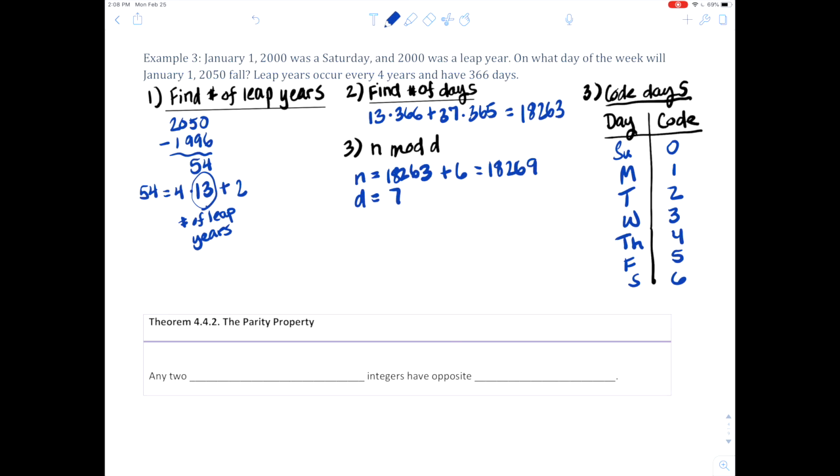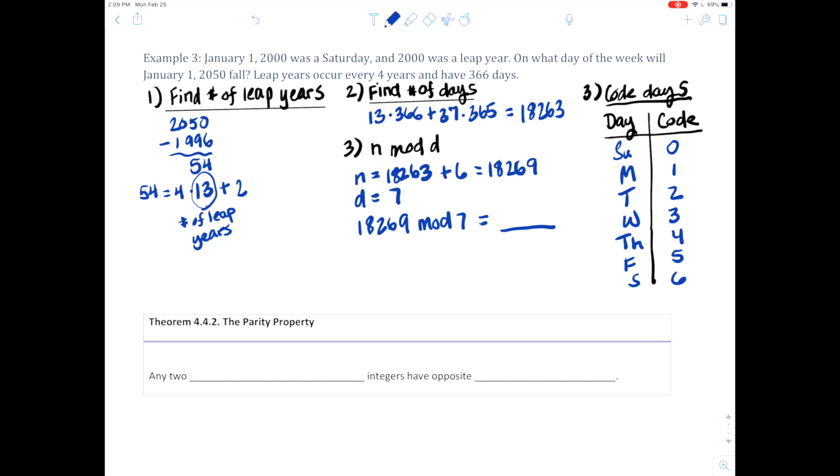So now all we need to find is 18,269 mod 7. And we'll get the remainder, the r from that. And we'll have what day of the week, right? So we'll just keep that blank for now.